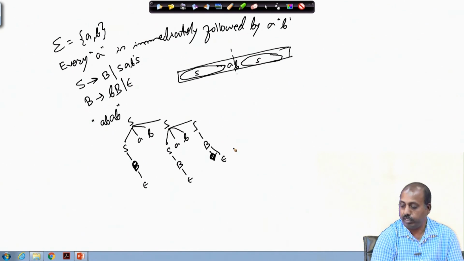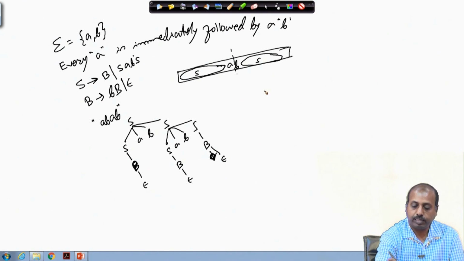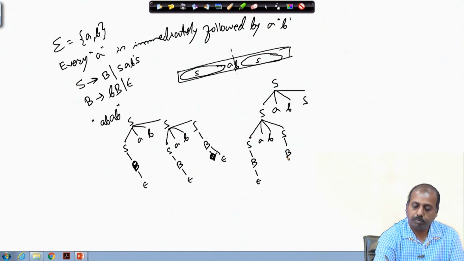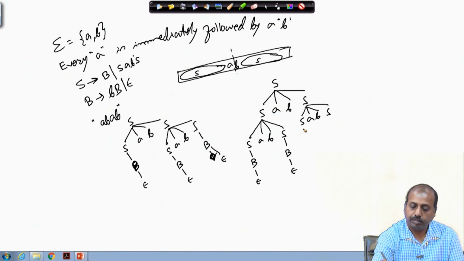The other possibility that we have is like this: S producing S A B S, then this S can give me S A B S, and this can give me B then epsilon, this can give me B then epsilon, and this can give me S A B S. Oh, sorry, this is already there.